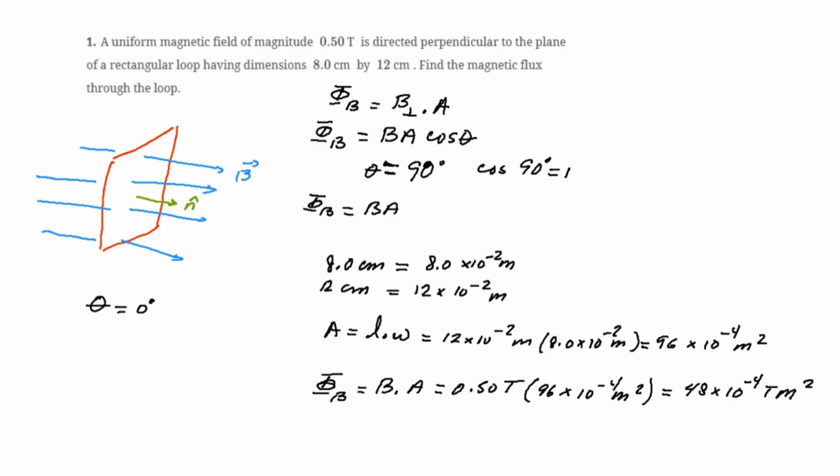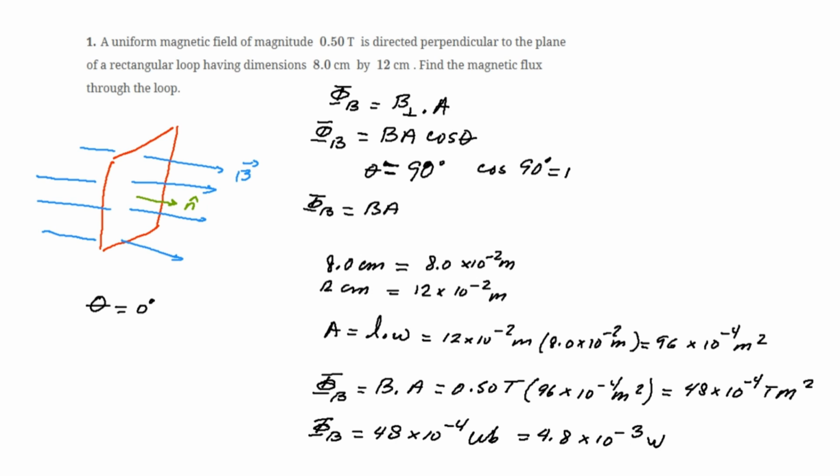Tesla meters squared is Weber, so we can say that the magnetic flux here is 48 times 10 to the negative 4 Weber, which is the unit in the international system for magnetic flux. And then you can rewrite this in scientific notation as 4.8 times 10 to the negative 3 Weber.